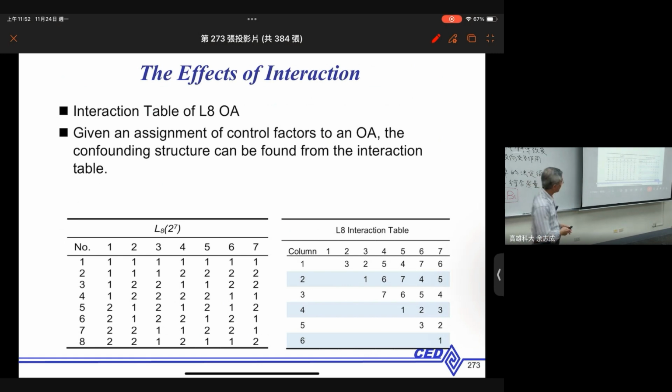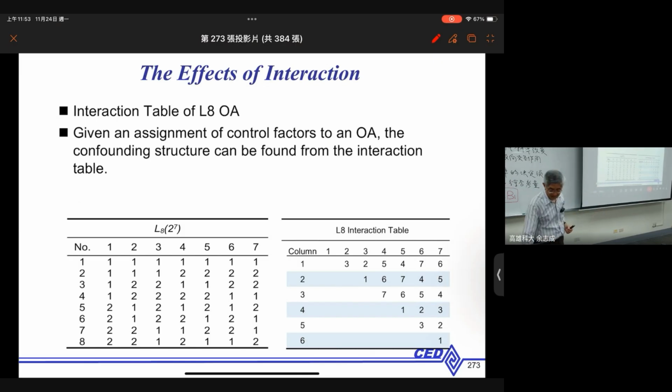Okay, so if you assign any factor to columns 1 and 2, the interaction will confound with any factor in column 3. So you can use this interaction table to come up with the confounding structure. We call it the confounding structure.